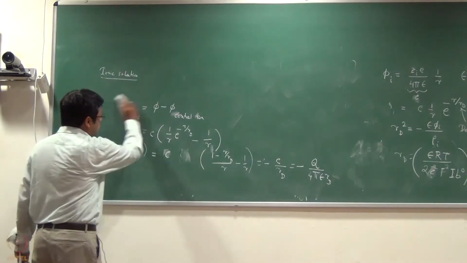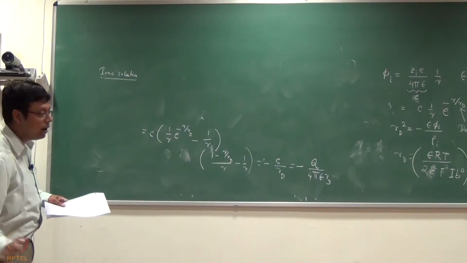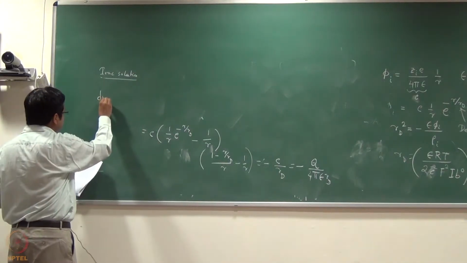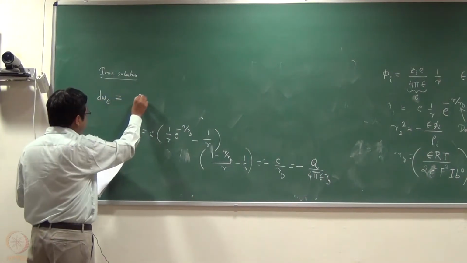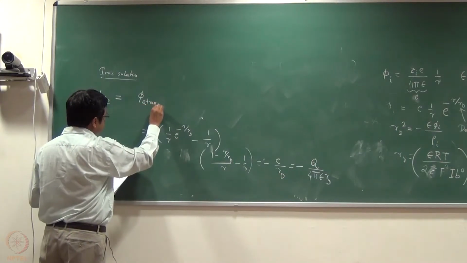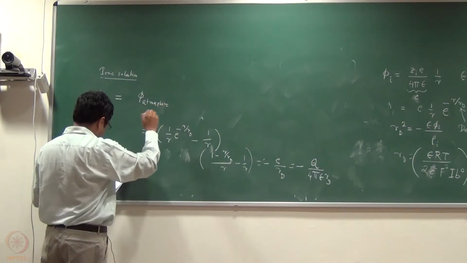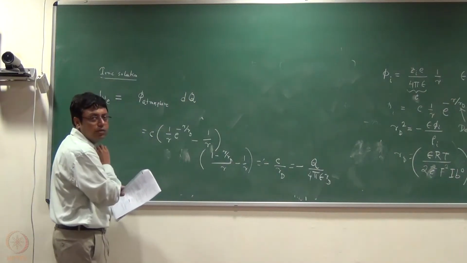So I'm almost done. So how do you find the work done? I will always write first the differential electrical work done, and I will say that it is basically that potential which the atmosphere is giving, and then suppose I am bringing dq amount of charge.